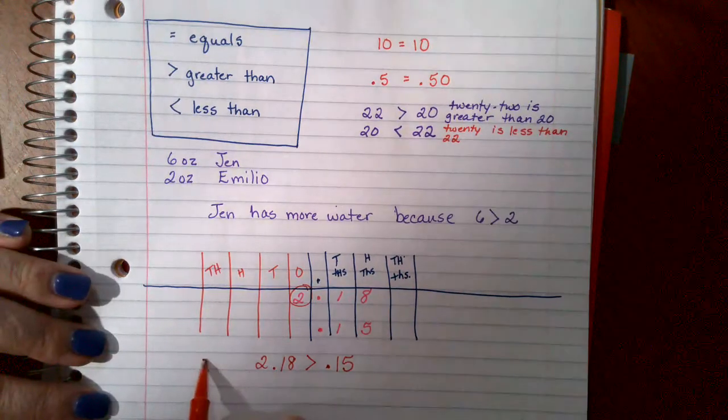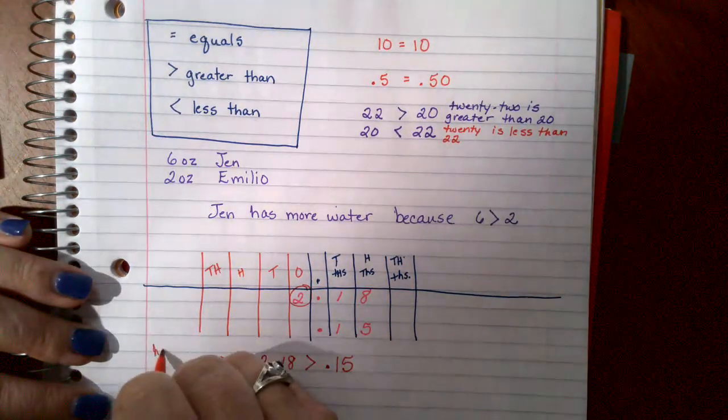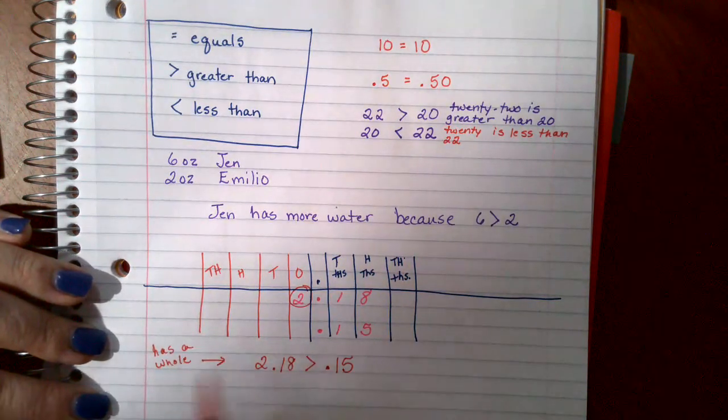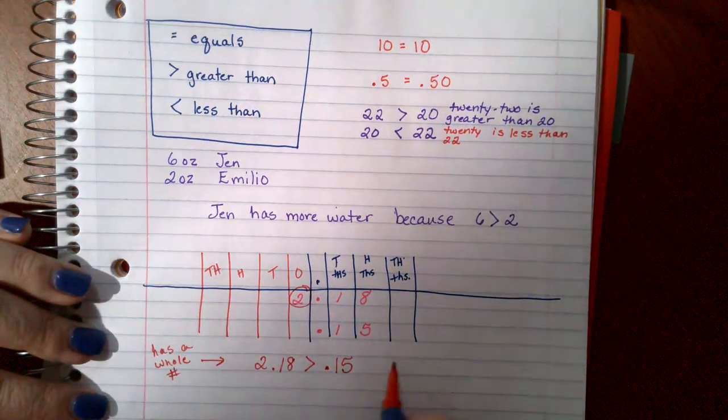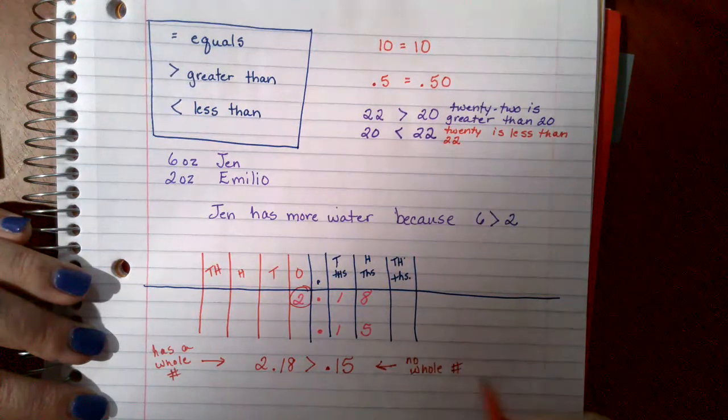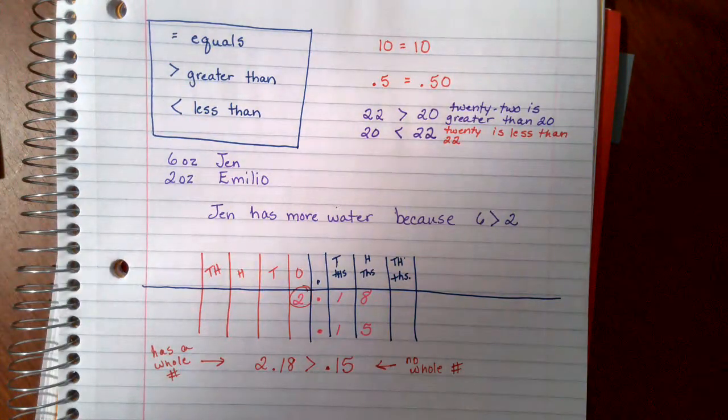The reason is that 2 and 18 hundredths has a whole number, and 15 hundredths does not. Remember that 15 hundredths literally is 15 out of 100, 15 parts of 100.